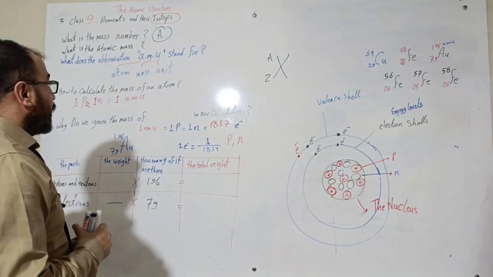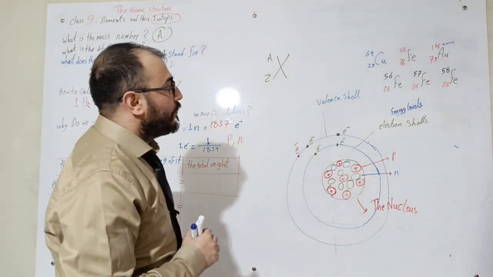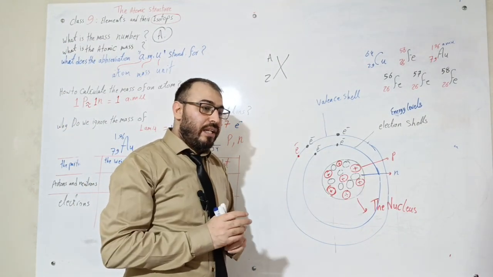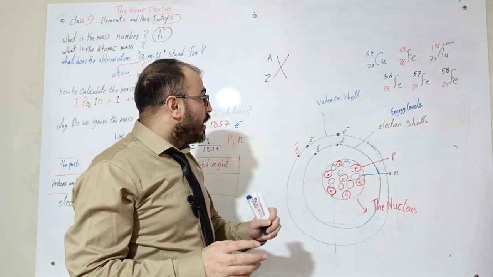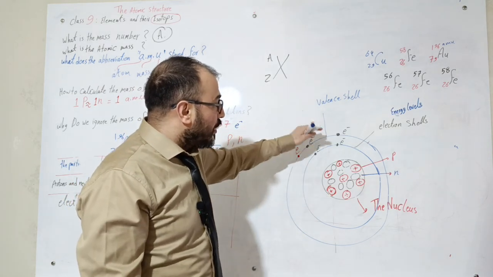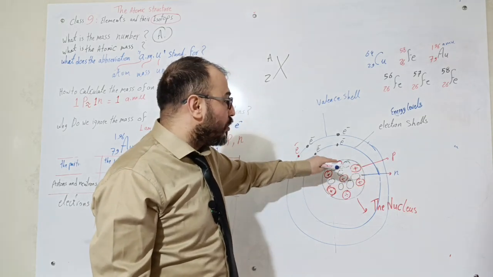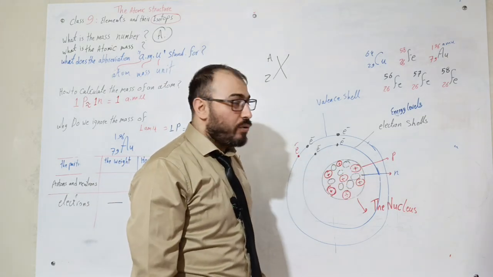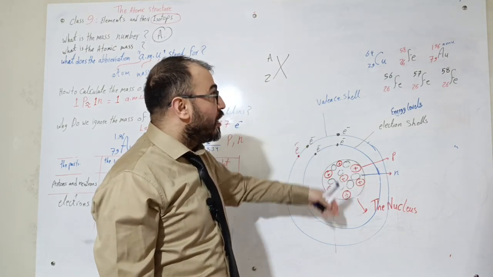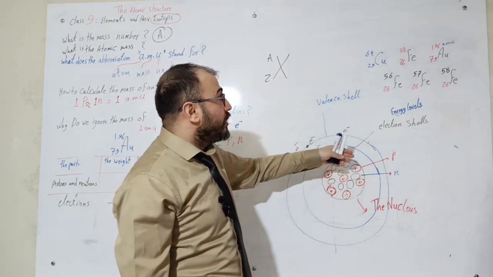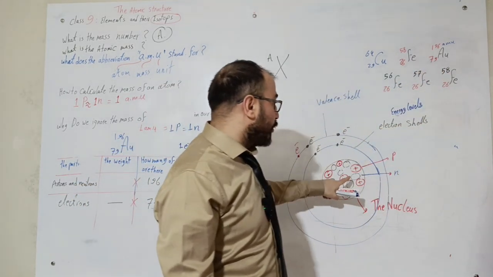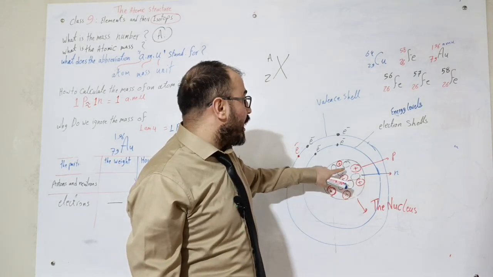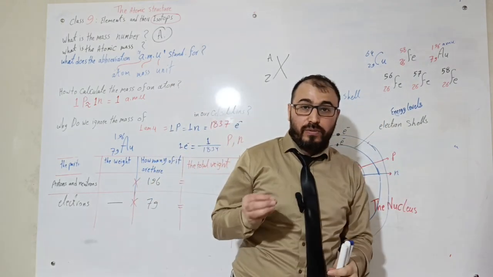Now, my friends, one of my students asked me this question. Teacher, maybe you forgot to say something. As you know, an atom is not only made up of protons and neutrons, there are electrons. For example, in the gold atom, you have 79 protons, which means that there are 79 electrons.